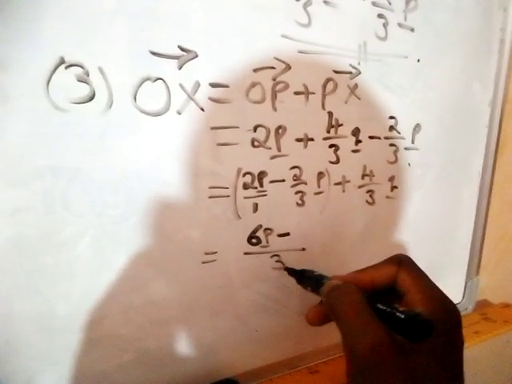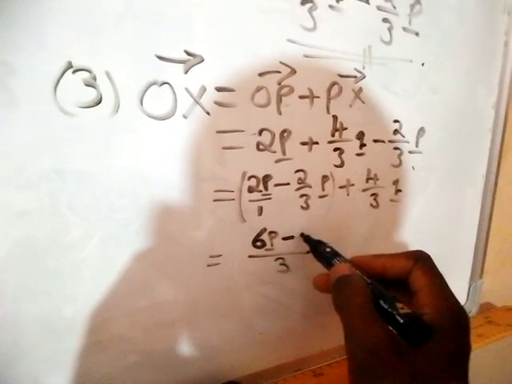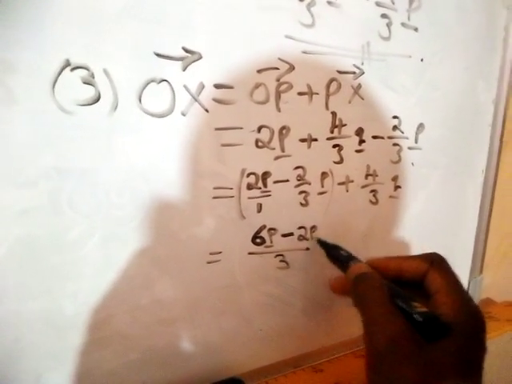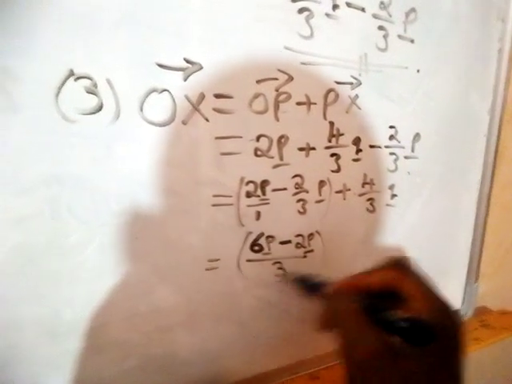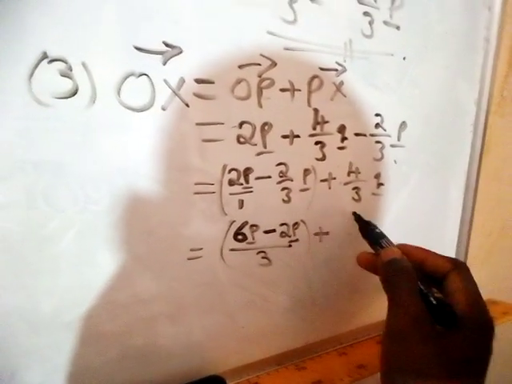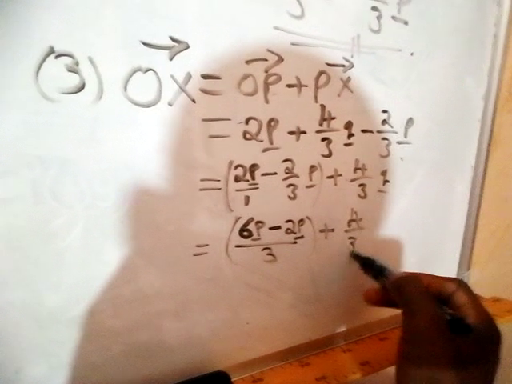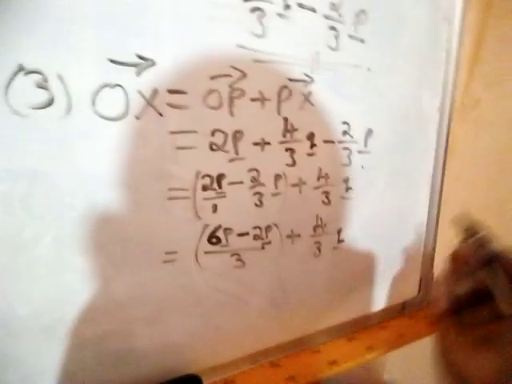Minus 3 into 3 is 1, 1 times 2, that is 2 vector P. We go further and say plus 4/3 vector Q, right?